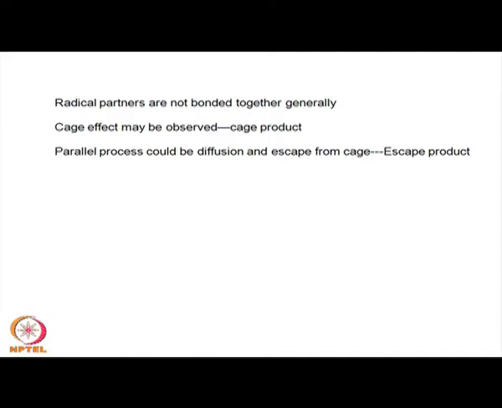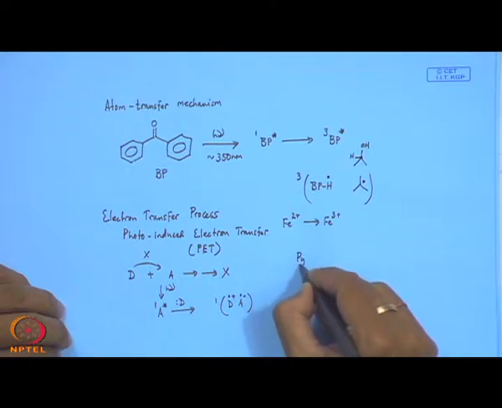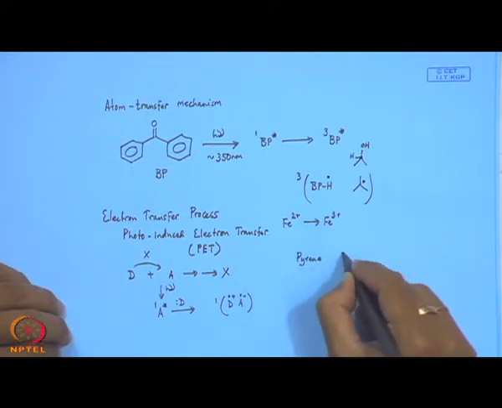This is generally what happens, and a typical example is, suppose you have pyrene and DMA.